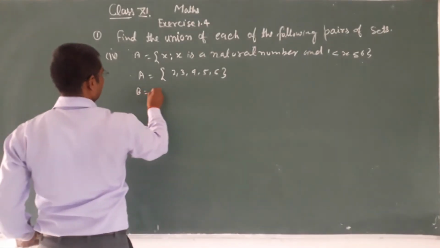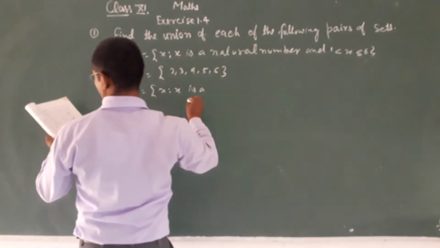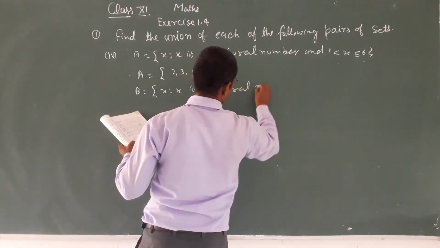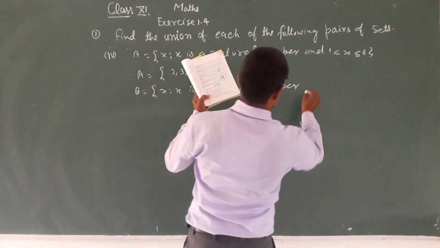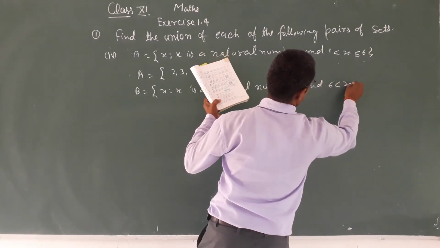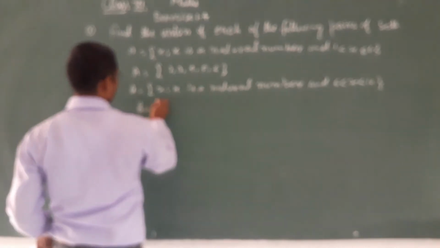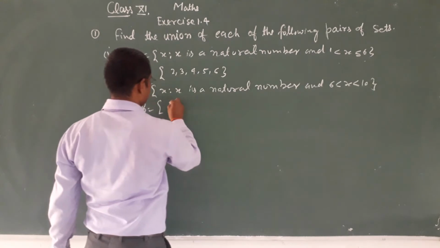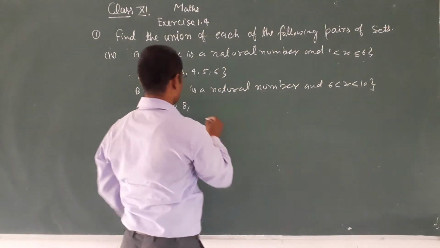Also set B is x such that x is a natural number and 6 is less than x less than 10. So set B is equal to 7, 8, 9.